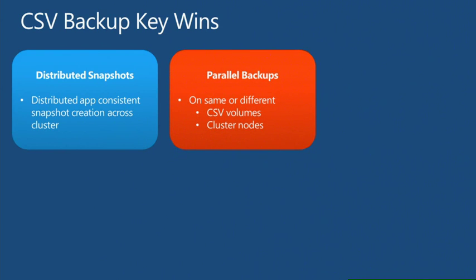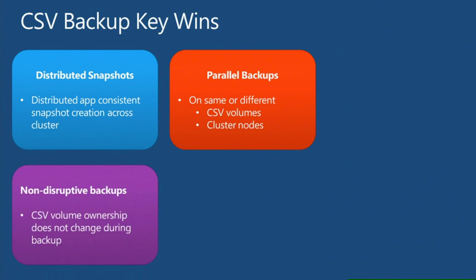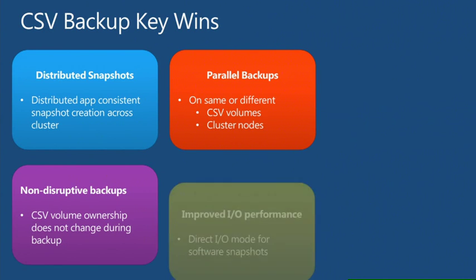Now you can have parallel backups. You can start multiple snapshots on the same node for multiple CSV volumes on multiple nodes. In 2008 R2, you had a disruptive backup experience. No longer. You start off your snapshot, and your NTFS volume stays on the node where it was before the backup.